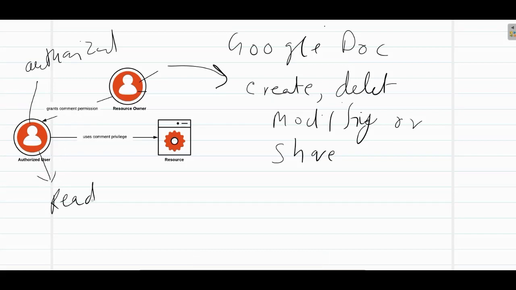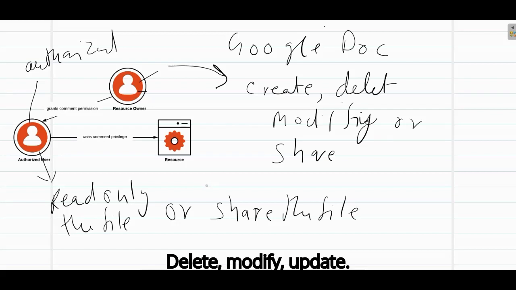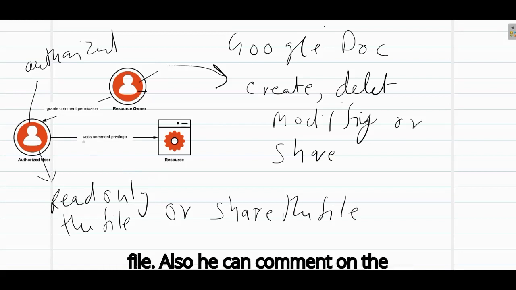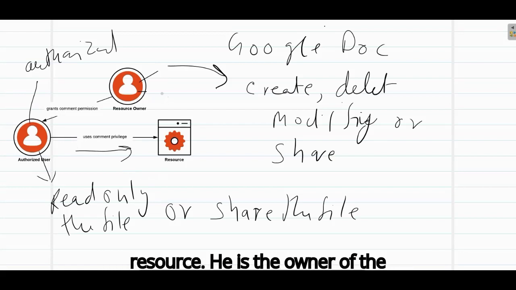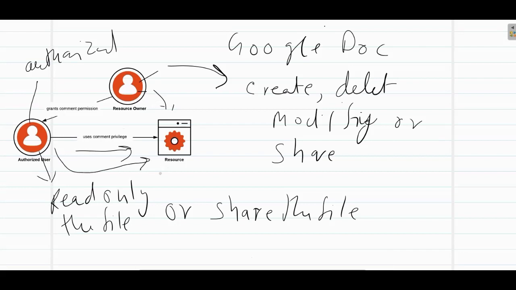He can read the file, or he can share the file with others, but he cannot delete, modify or update it. He can also comment on the resource. He is the owner of the resource and he is the authorized user to access this file or resource.